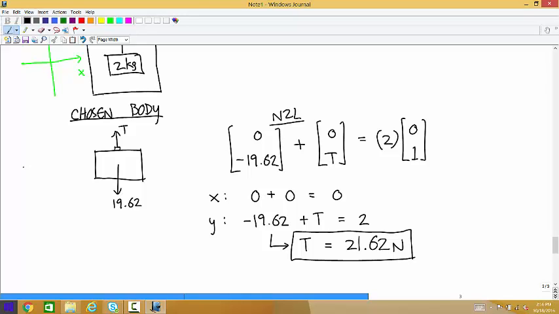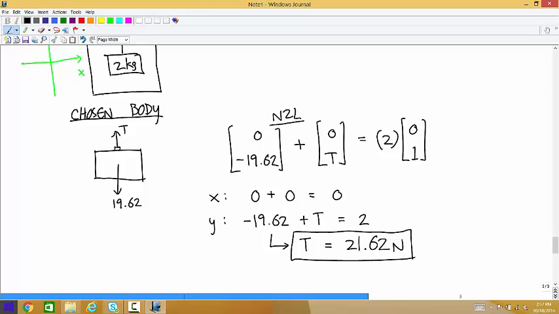What would be the tension? Question? I was going to ask, was that 19.62 given? That's the mass of 2 times 9.81. So you're given the mass, and you just multiply that by 9.81 to get the weight. What would the cable tension be if it wasn't accelerating? 19.62.